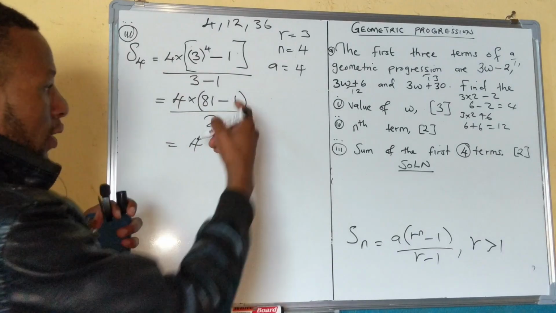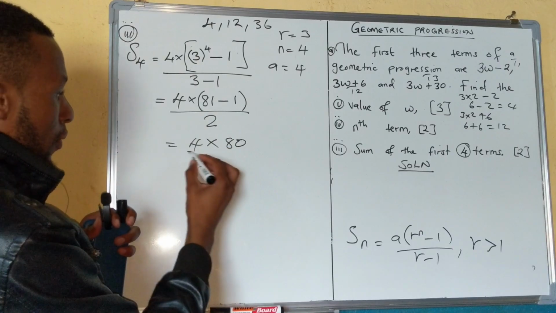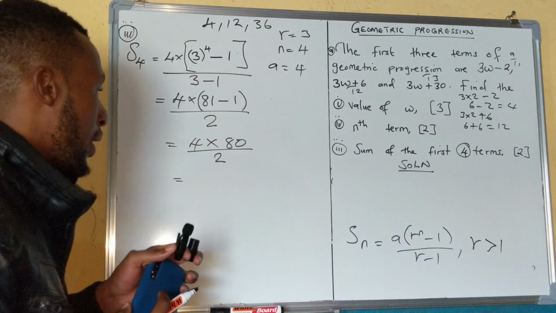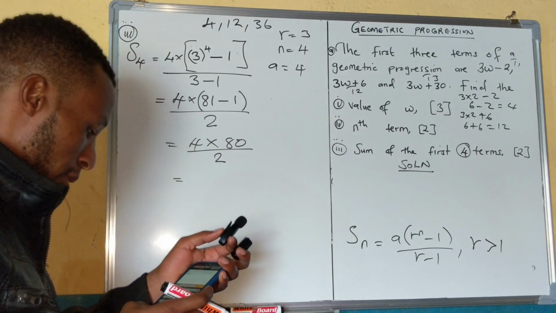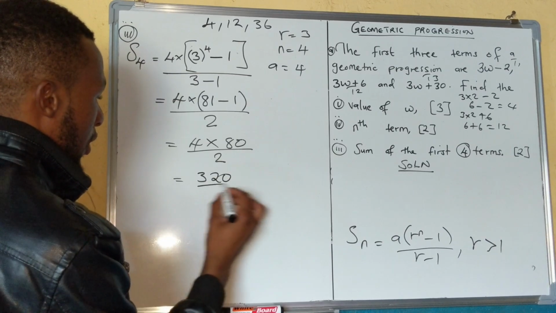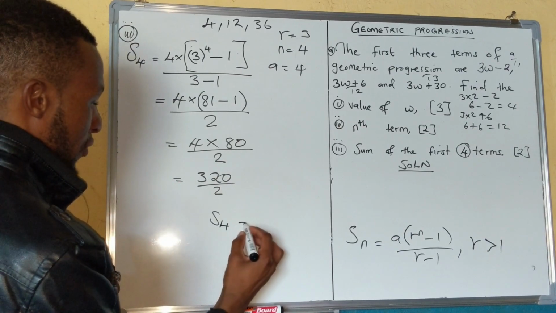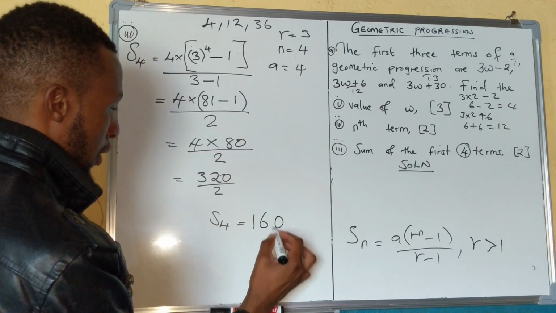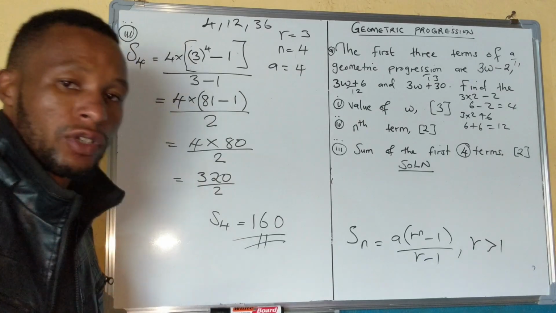Then 81 minus 1 will be just 80, being divided by 2. What is 4 times 80 in that case? So 80 multiplied by 4 will give us 320, and this value should be divided by 2. So the sum to the first 4 terms, when you divide by 2, will just give us 160. So that is the sum to the first 4 terms.